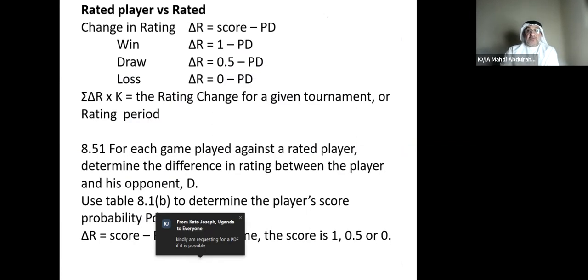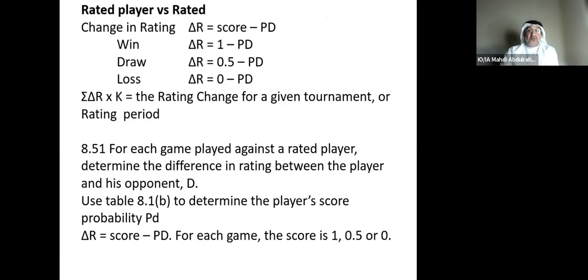If 0, it is minus PD. So this is the calculation to find the new rating for a rated player. This calculation is only for rated players. Only if both are rated players do we make this calculation. If one is unrated, we go back to the other 3 formulas.